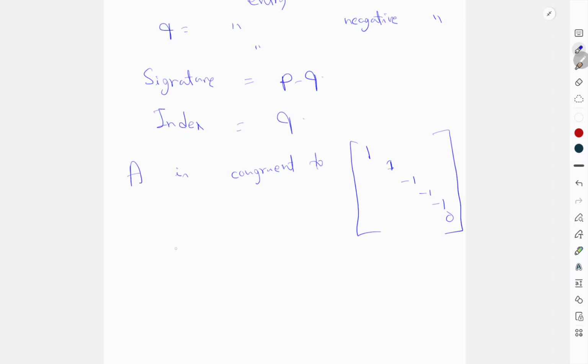From there you can say the signature is 2 minus 3, which is minus 1. What is the index? Index is 3. And what is the rank? Rank is 2 plus 3, so 5, because there are 5 non-zero entries.